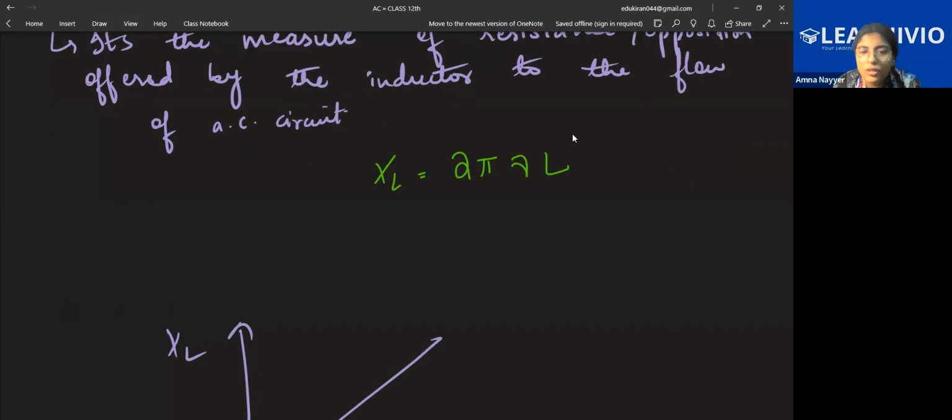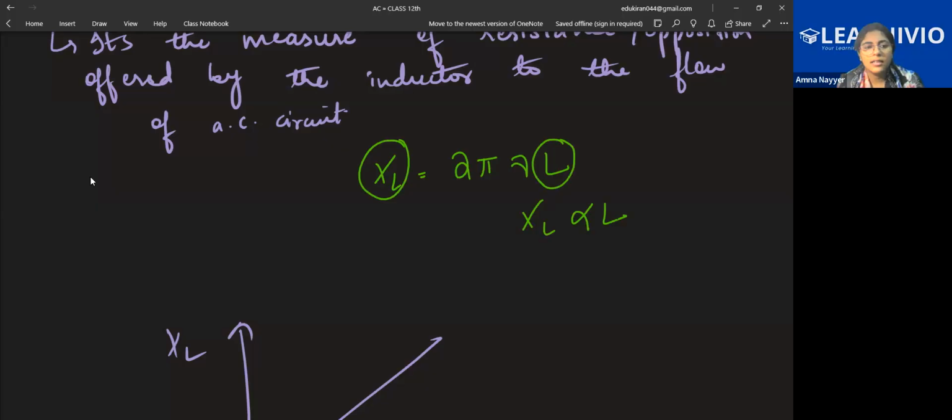Related as in through the formula. Like if I have to plot the graph, what is the first thing that I should check? Directly proportional, inversely proportional? Directly proportional. See, this and this, they are directly proportional. XL is directly proportional to L.